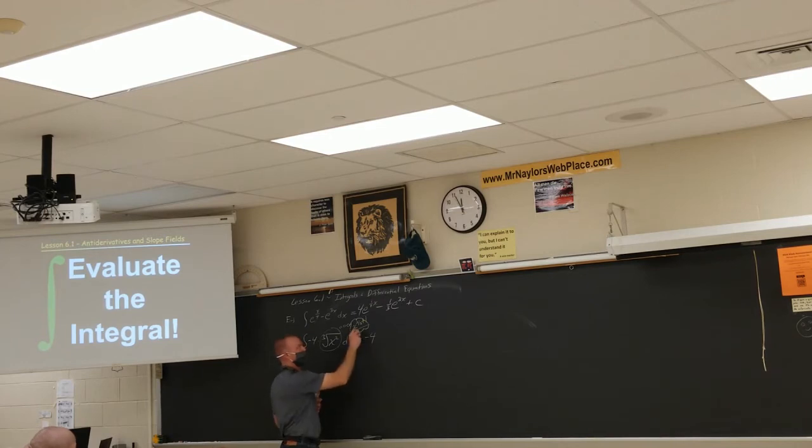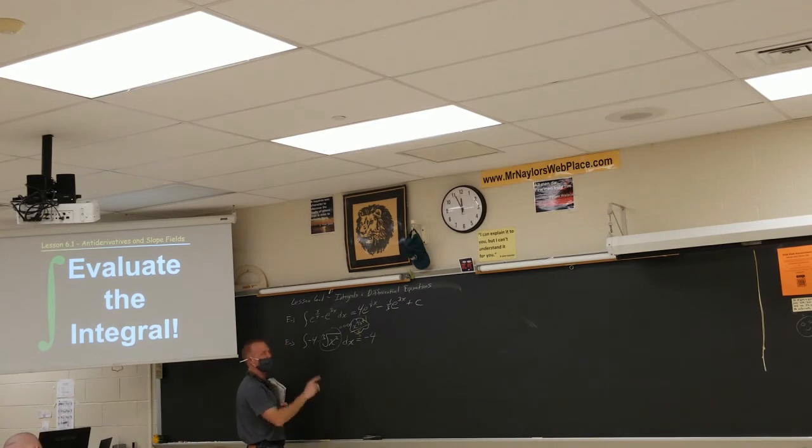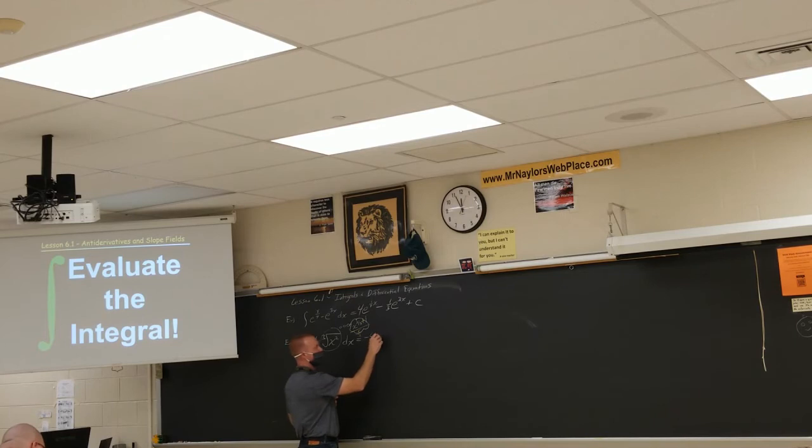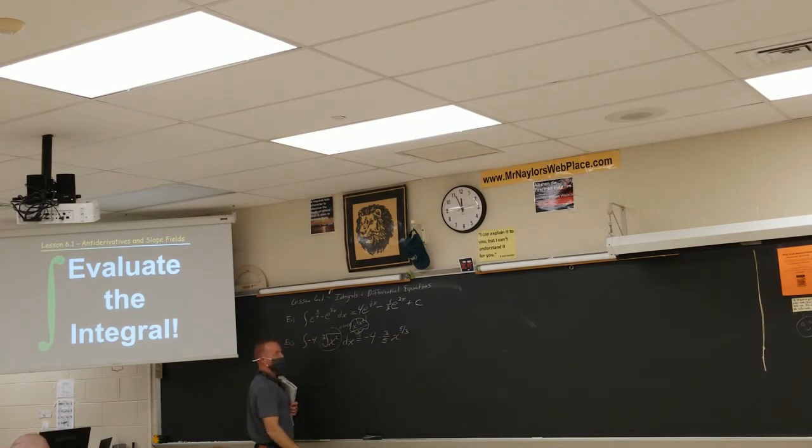5/3. We're going to divide by 5/3. I am going to actually write that because I want you to see that the new exponent is 5/3. But since I'm dividing by 5/3, that's the same as multiplying by the reciprocal, which of course is 3/5. 2/3 plus 1 is 5/3.